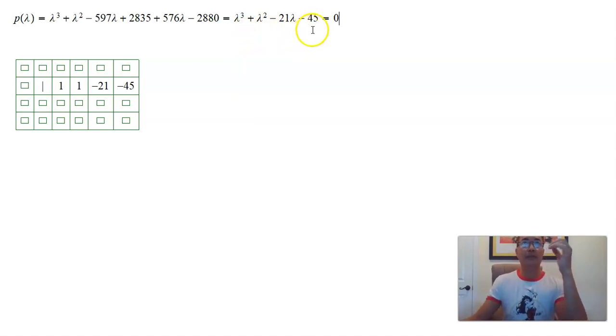So what did the integer roots theorem say? Look at the constant coefficient, negative 45, and the rational roots of P of lambda are actually integers, and they have to be factors of 45. They could be positive or negative, actually. We don't know. However, I did not mention something to you, which is called Descartes' rule of signs. You look for the sign changes in the consecutive terms, and what do we see?